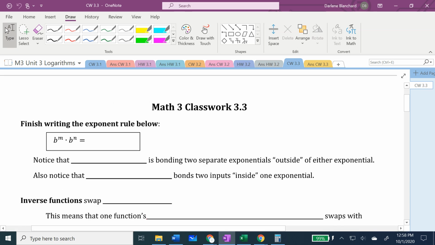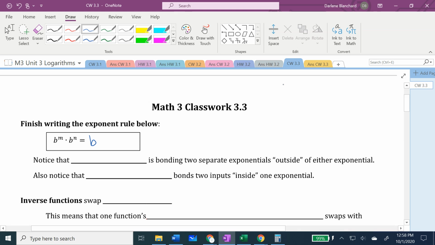So if you have b to the power of m multiplied by b to the power of n, what is the exponent rule that condenses that into one exponential? What do you do to the exponents? You add them.